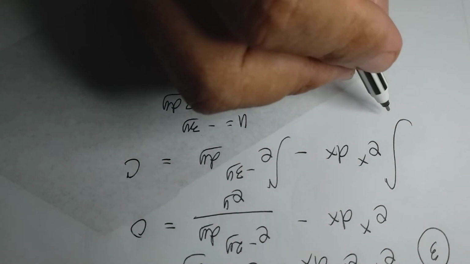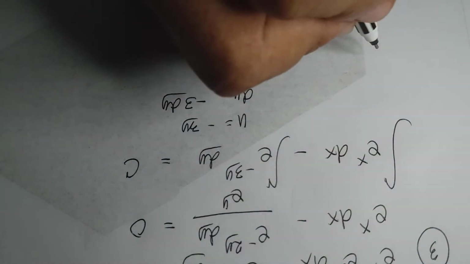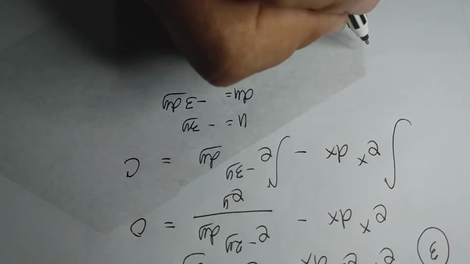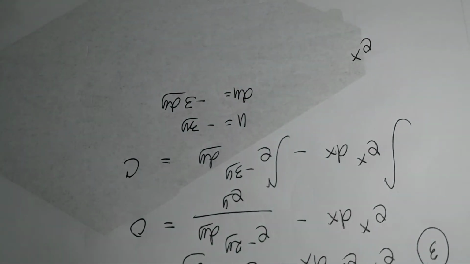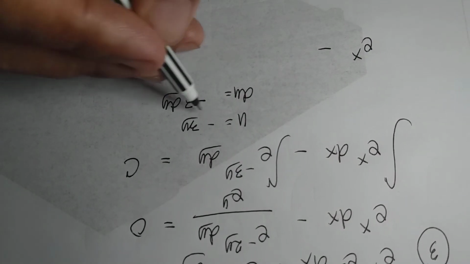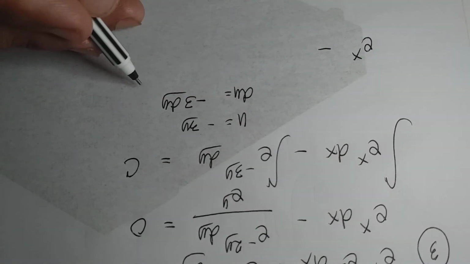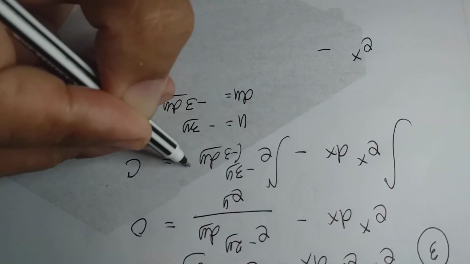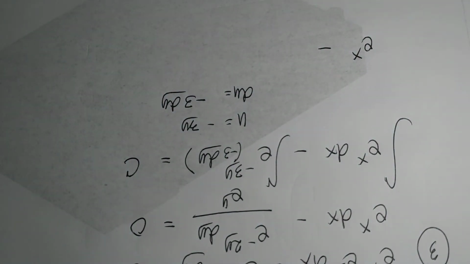So the integral of e to the u du is e to the u. In here, the integral of e to the x dx is e to the x minus, our du here is negative 3 dy. So this must have negative 3 in it. Okay?